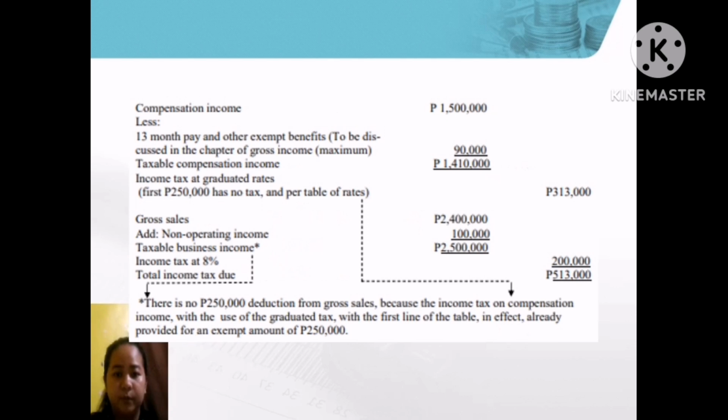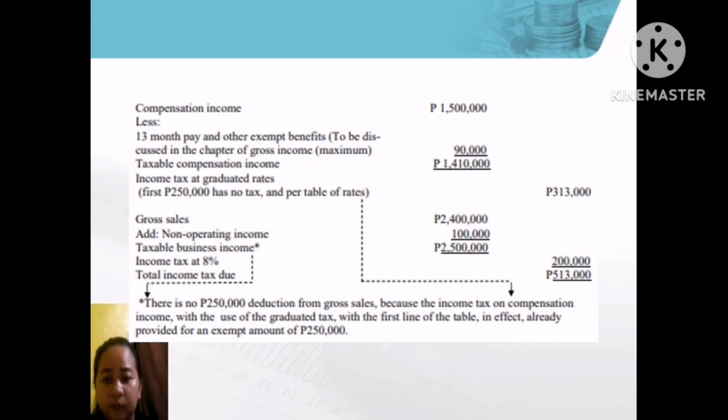So, as we can see in the illustration above, yung tinatawag po nating income tax at graduated rates o yung first 250,000 ay wala pa po yung tax, pero meron po itong per table of rates.